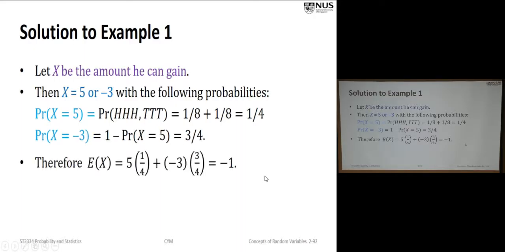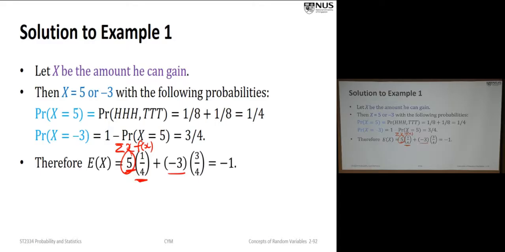So now the expectation of x: it is the value x times the probability f of x, and sum them up. Because there are only 2 x values, it's 5 times 1/4 plus -3 times 3/4. So it's -1. So what does that mean? If you toss the 3 coins, either you get $5 or you lose $3.